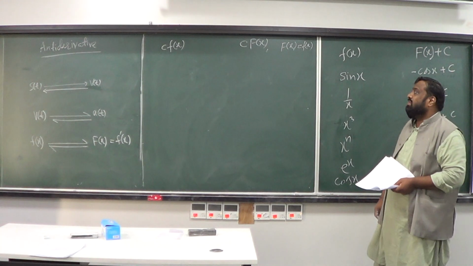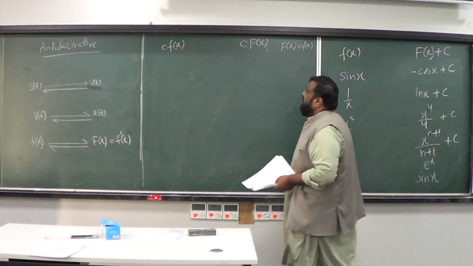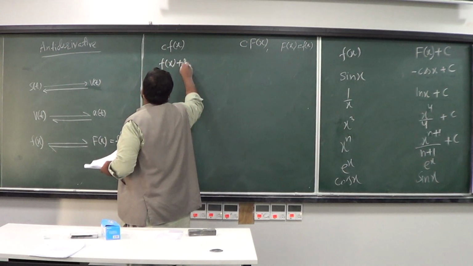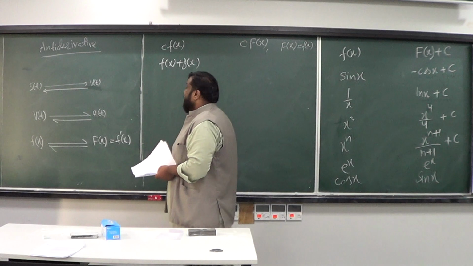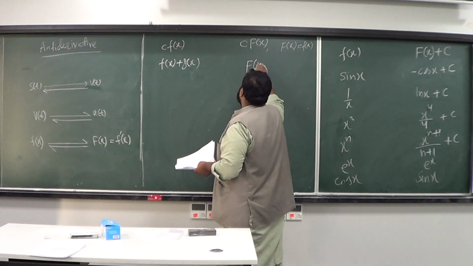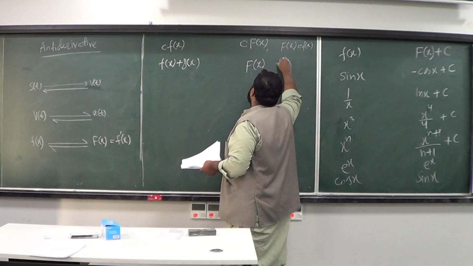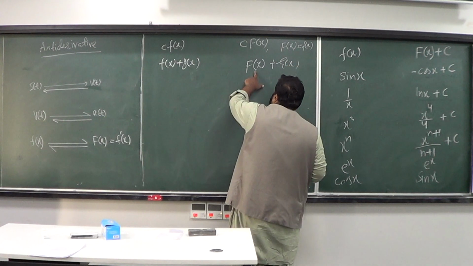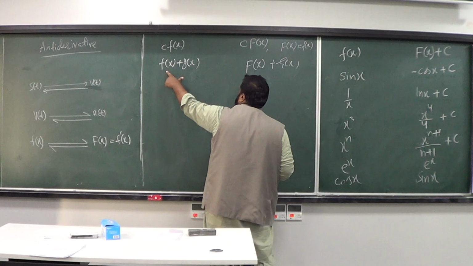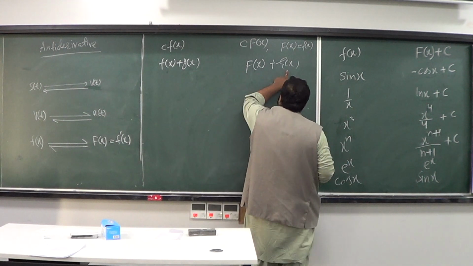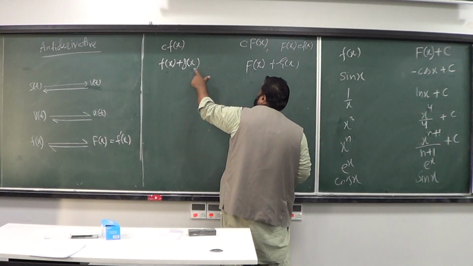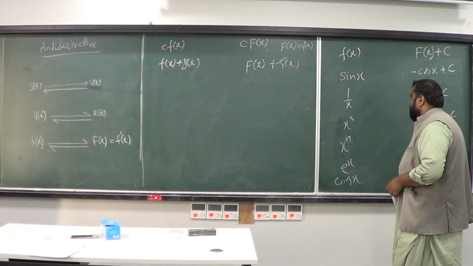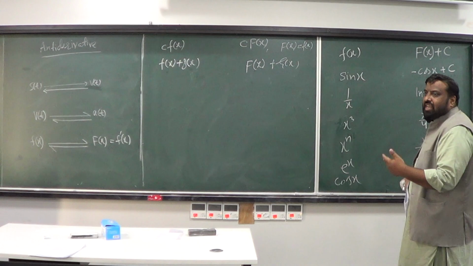I want a function which is the sum of two functions, f of x plus g of x. Then you need to find two functions, capital F of x and capital G of x, their sum, such that the derivative of capital F of x is small f of x, and the derivative of capital G of x is small g of x. So it's also linear, like the derivatives.